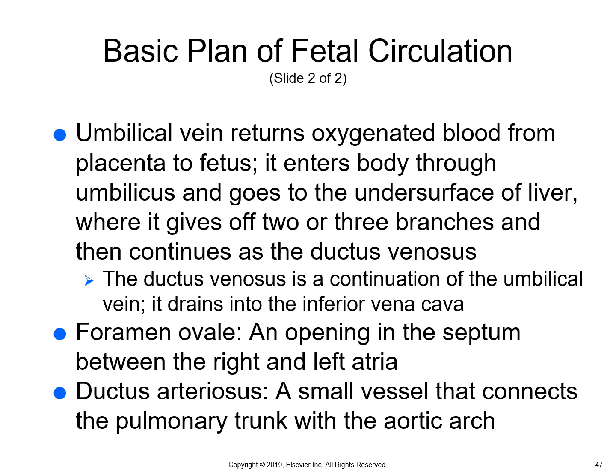In terms of those veins, we have the umbilical vein, and that vein carries oxygenated blood from the placenta to the fetus. It enters the fetus via the umbilicus, or that navel area, and it travels toward the liver. Before reaching the heart, that umbilical vein branches into the liver, and it continues as what we call the ductus venosus.